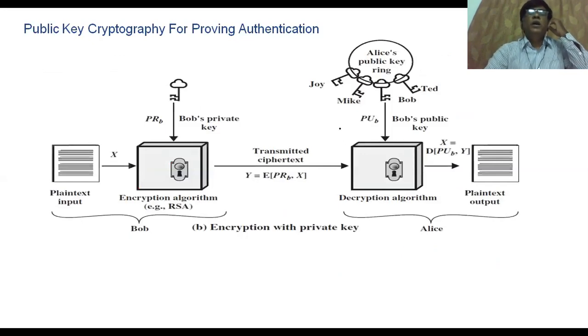Now, how does public key cryptography provide authentication? Assume one scenario: here we have Bob at the sender side, and here we have Alice at the receiver side.